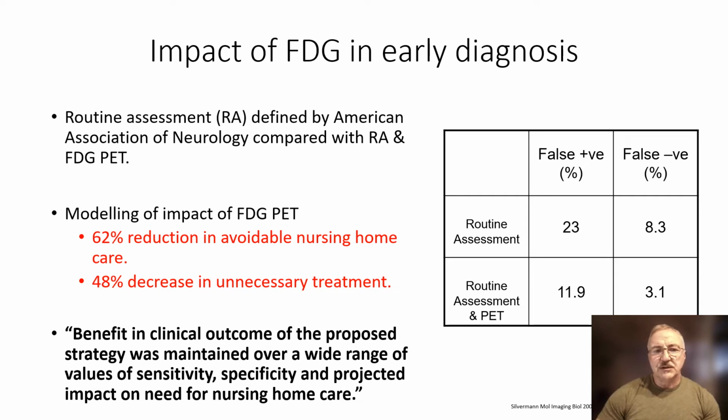We might ask what the impact of an early diagnosis might be. Some people say people don't want to know, and that's not true. And they say if you do know, it doesn't make any difference, and that's not true either. So this was an early assessment of FDG PET-CT showing that, even with reasonable accuracy, there was a 60% reduction in avoidable nursing home care and 48% decrease in unnecessary treatment.